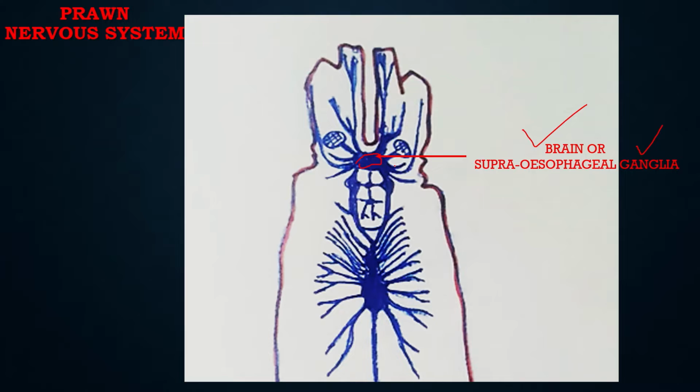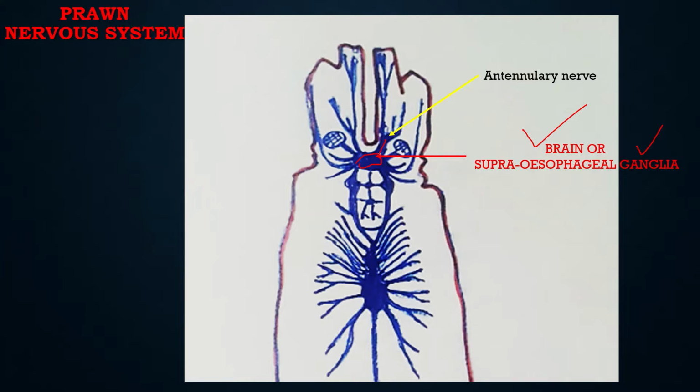From this brain some nerves arise. The antennular nerve arises directly from the brain and goes towards the antennule.